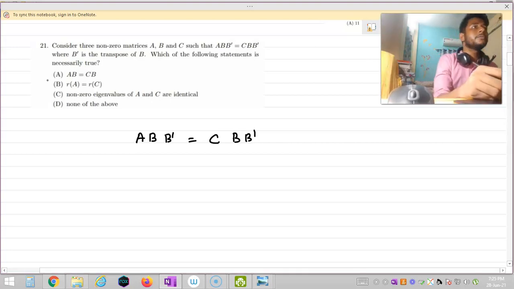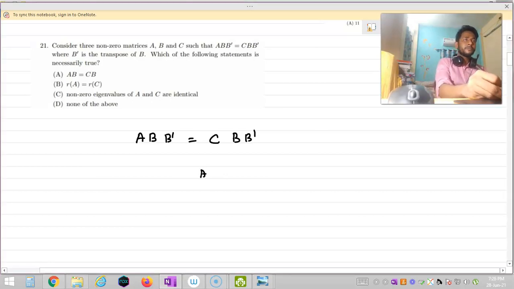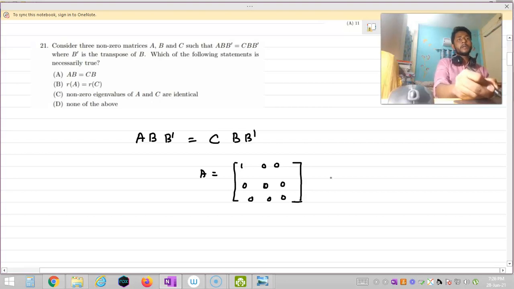Now just observe this. Let me consider a matrix A equal to 1 0 0, 0 1 0, 0 0 0. I am considering this as the A matrix. I am considering the matrix B equal to 0 0 0, 0 1 0, 0 0 0.